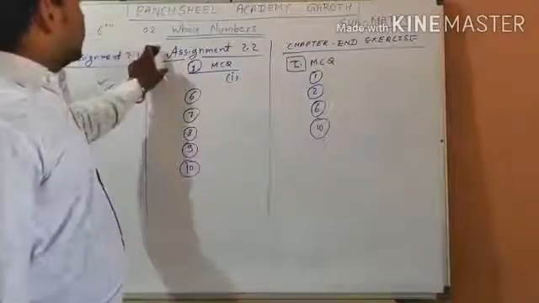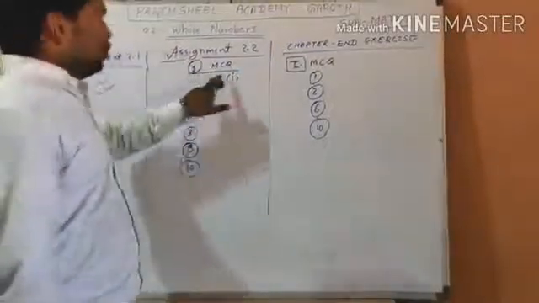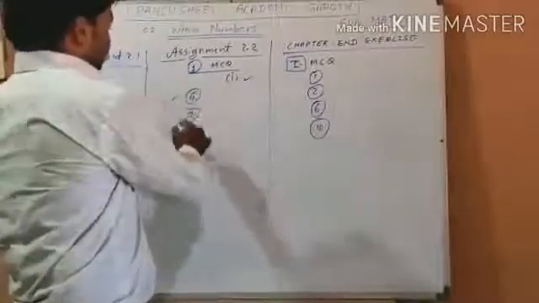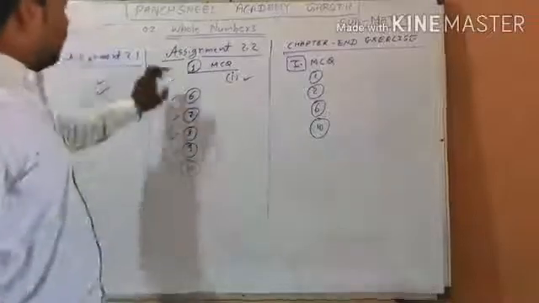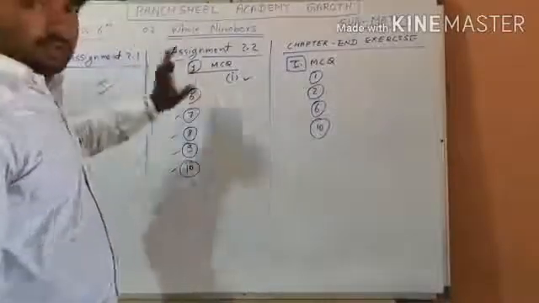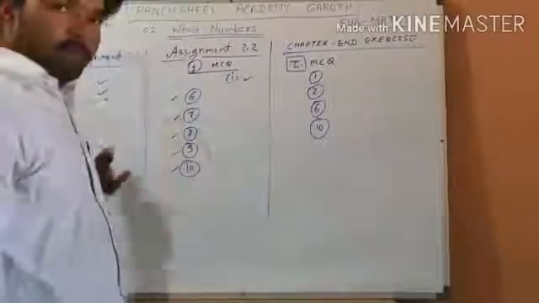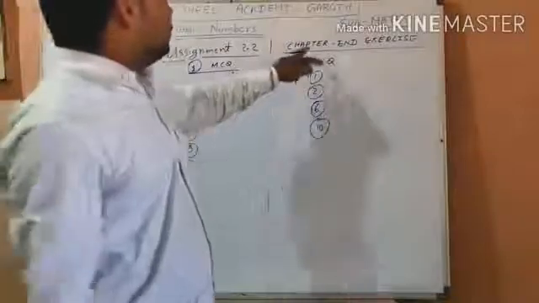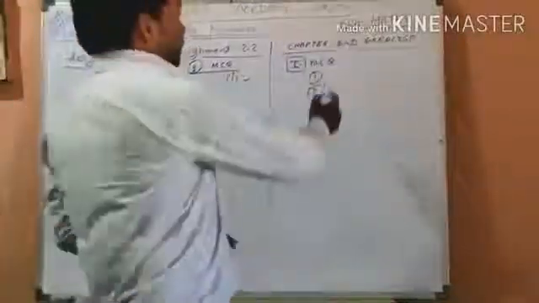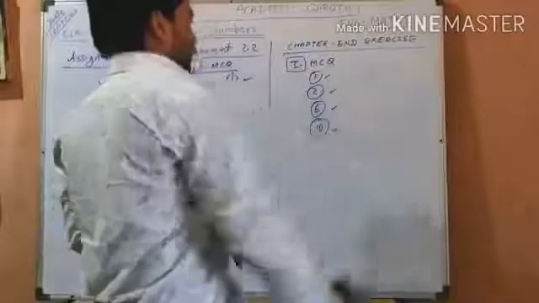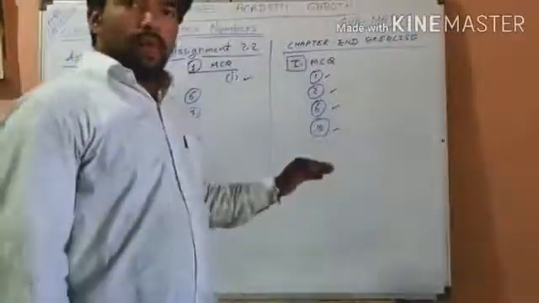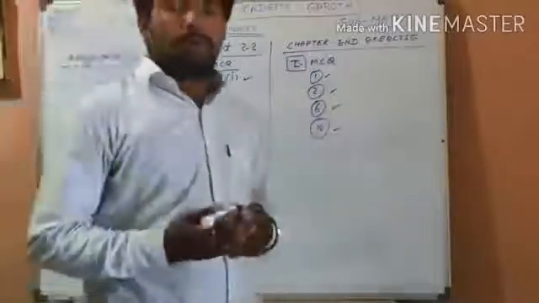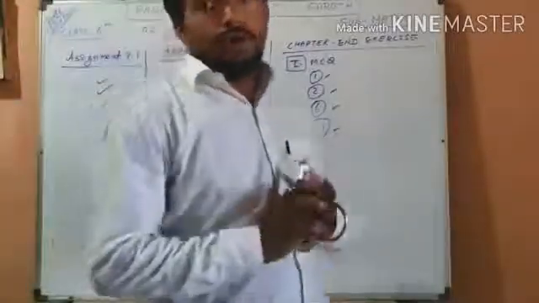In assignment 2.2, first the MCQ, first question you have to solve. After that, sixth question, 7, 8, 9 and 10. So this 5 plus 1, 6 questions in assignment 2.2. Full assignment 2.1 you have to do in your fair work. And at the end of the chapter in the exercise, MCQ 1, 2, 6 and 10, up to where we have discussed the topic, these questions are related to those two topics. So you have to complete your fair work.